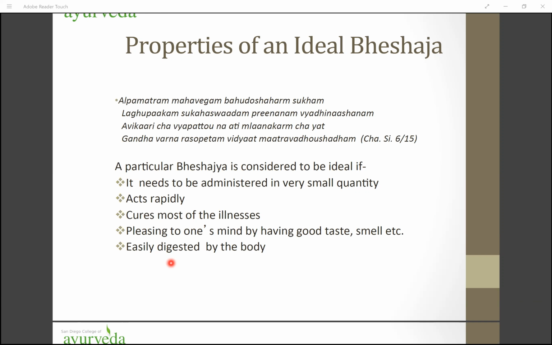Now, it is because of this one concept, that these metallic preparations are digested quickly, that Rasa Shastra, with these rasas, with mercury and metals, started becoming very popular in Ayurveda.